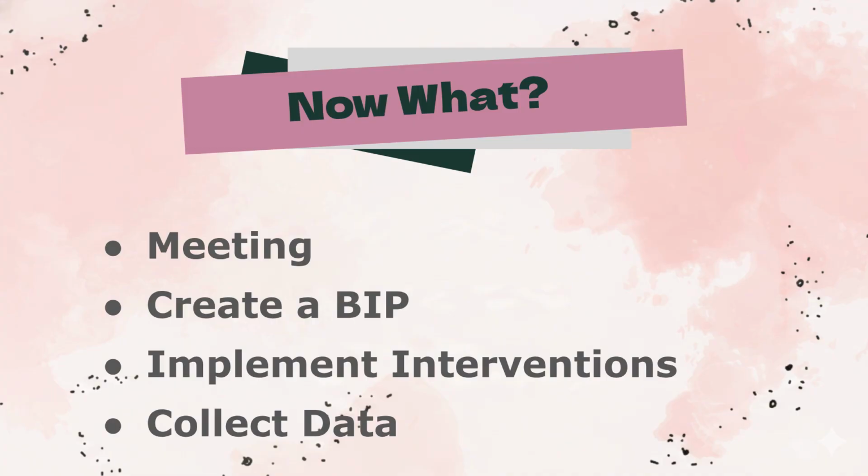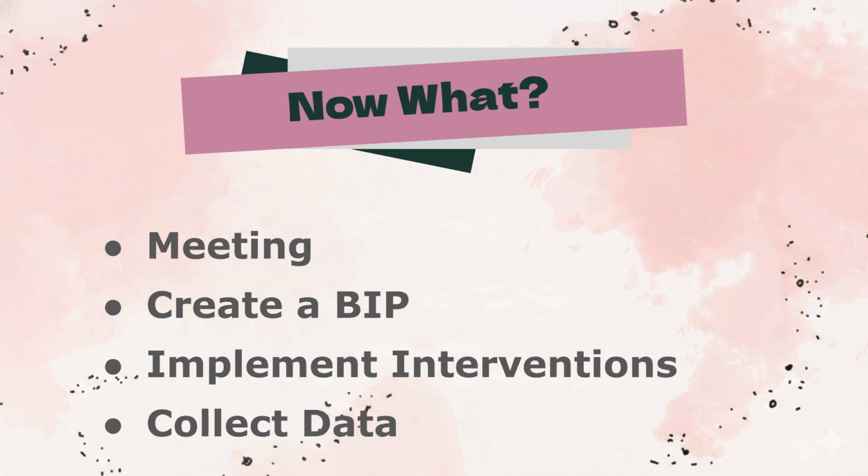Now what? What happens after the FBA is completed? Well, this is probably the most important part. And first things first, you're all going to meet as a team to review the FBA because it'll be the blueprint for your BIP or your behavior intervention plan. Then the interventions that go into the plan are going to be implemented.